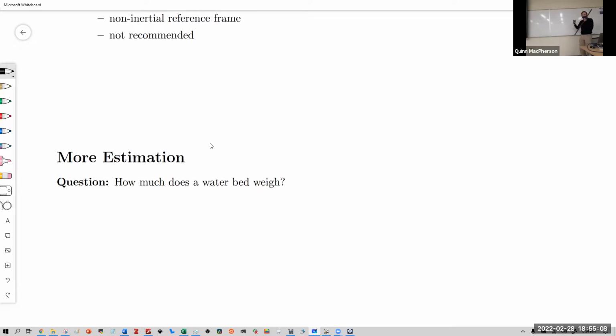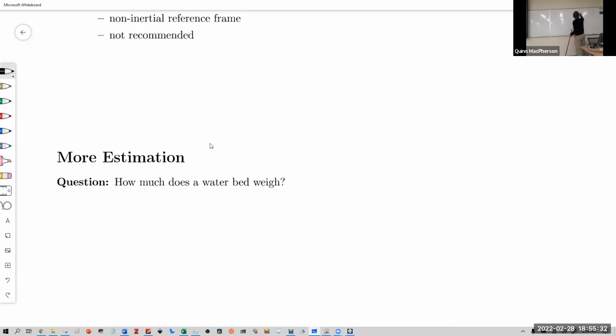And 1 foot in meters is actually pretty close to a third. If you think about it, a yard and a meter are almost identical, a little bit off. A foot is a third of a yard, so a foot is roughly a third of a meter.